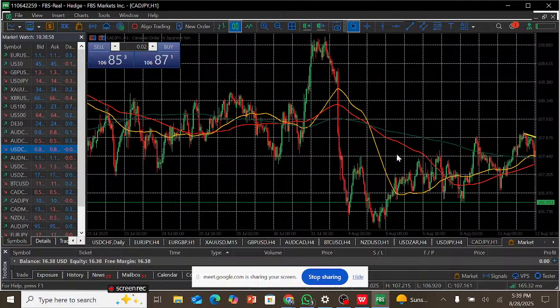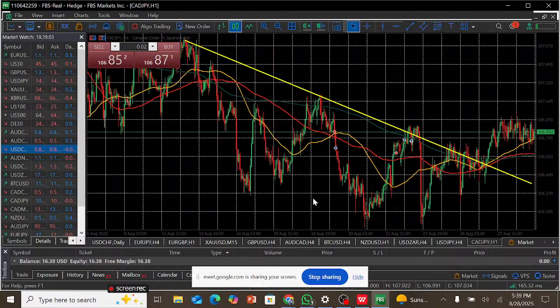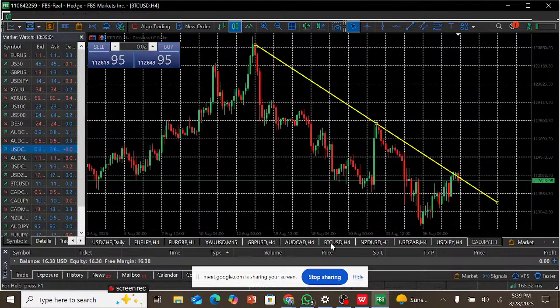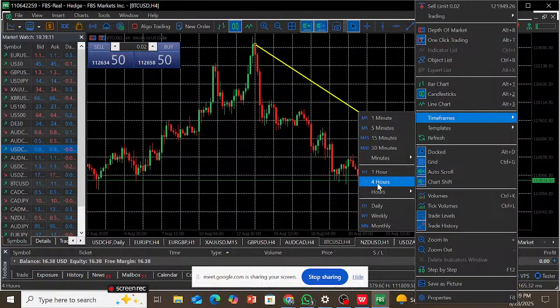That means if you check the market from within 2 hours or 3 hours, you can't know where the market is really going. For example, let me go to time frame, then I go for 4 hours.